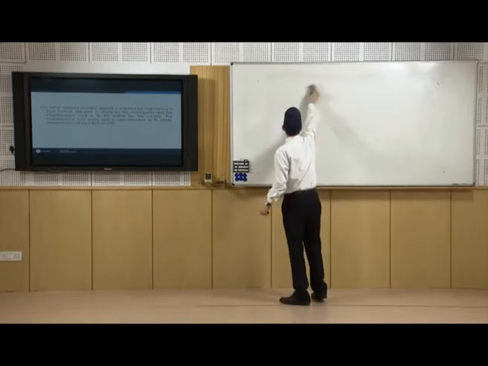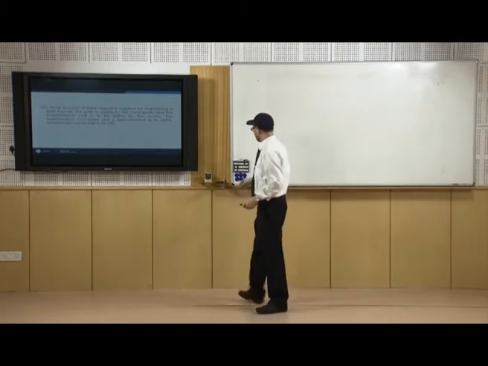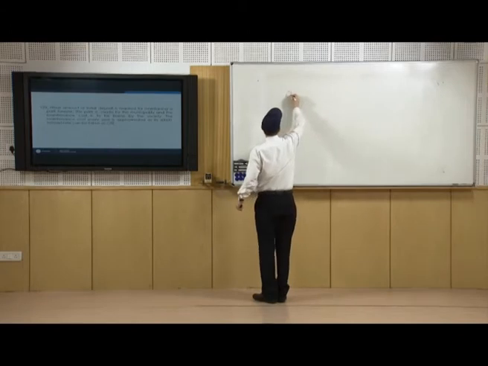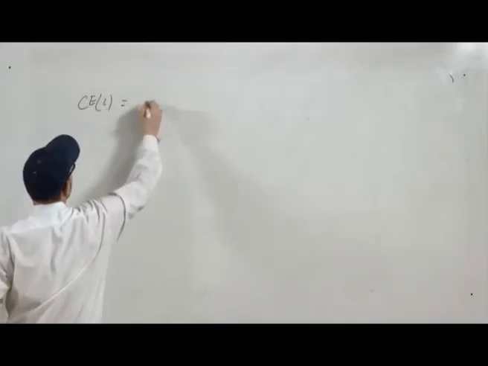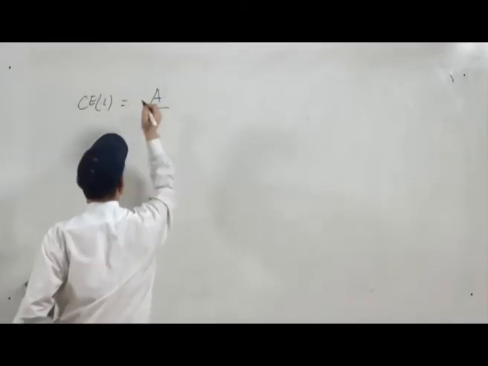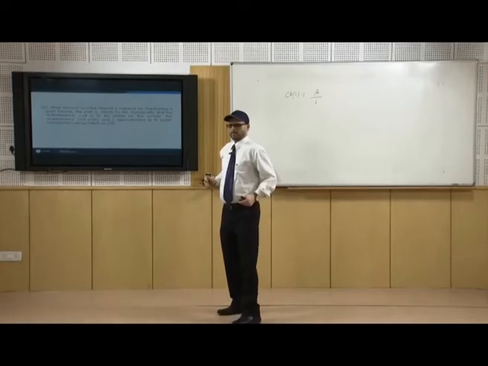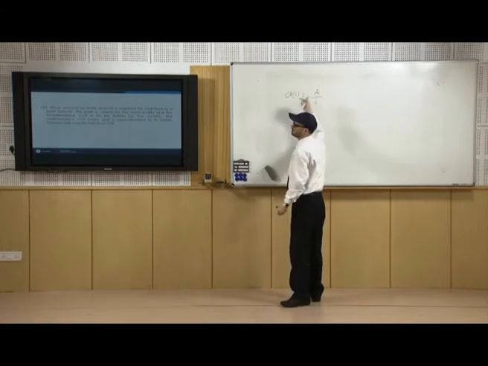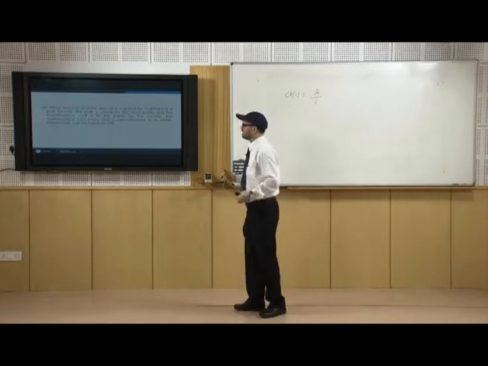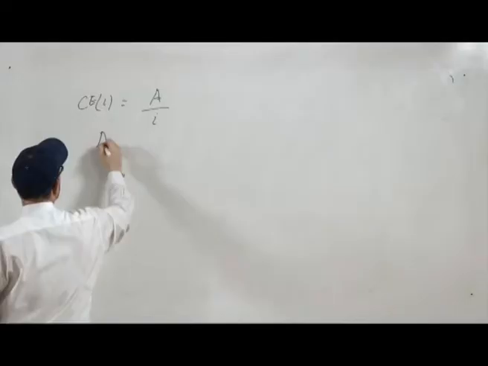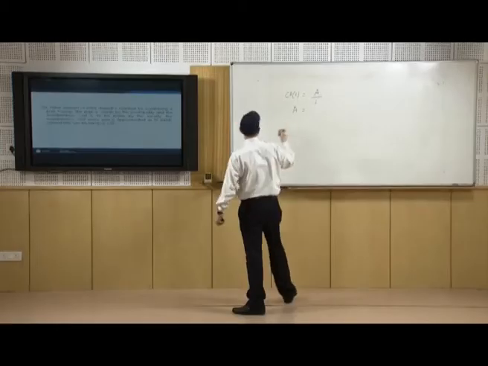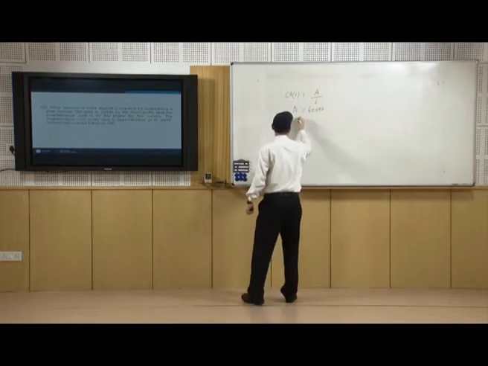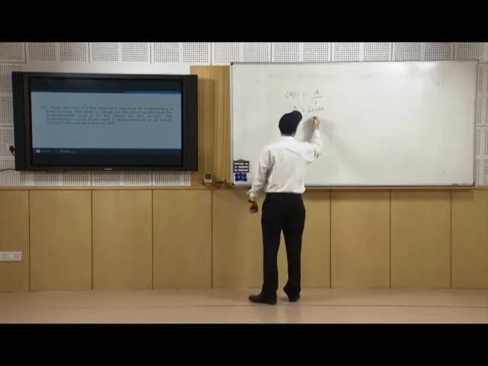So, we will use the capitalized equivalent concept to find the initial deposit. As we have discussed, the capitalized equivalent amount is nothing but A by I. Now, in this case A is given as 60,000 and I is given as 12%.